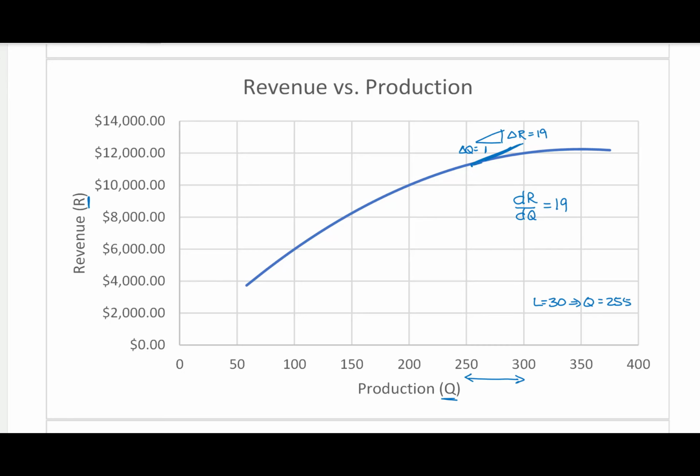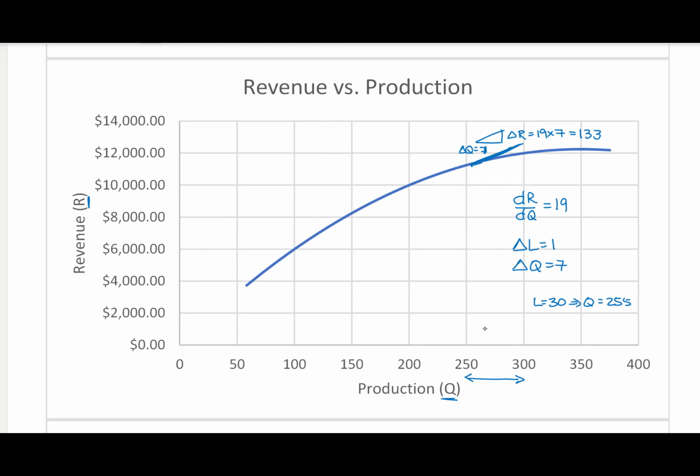But we can expand on that, because what we said earlier is that if labor is changing by 1 unit, our Q is changing by 7 units. So let's look at what this is times 7 units. If the change in Q becomes 7, we just multiply that ratio by 7, and we get 133.